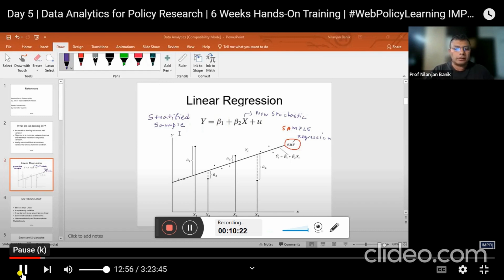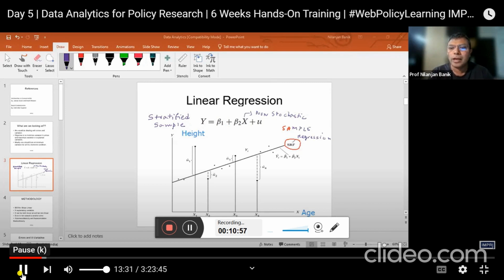So let's say that this is my height, and we are saying that x is my age. Now, as Yogesh is saying that x is fixed in repeated samples, what you see over here is I have one sample regression function. The idea is we want to actually go as close as possible to the actual data.